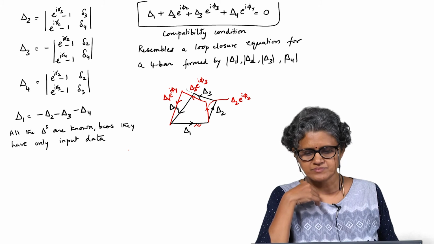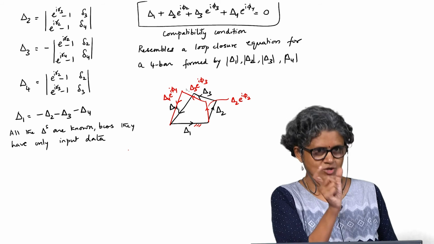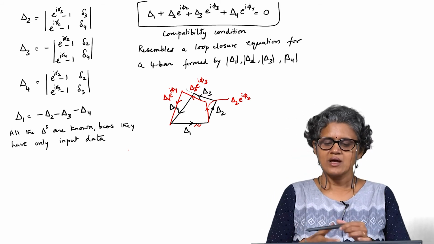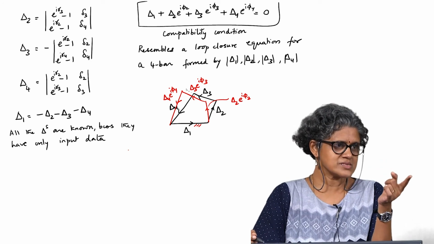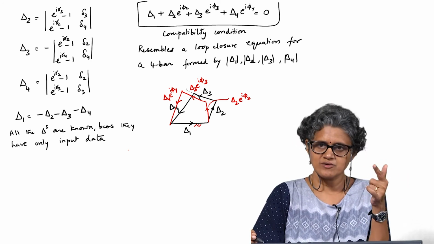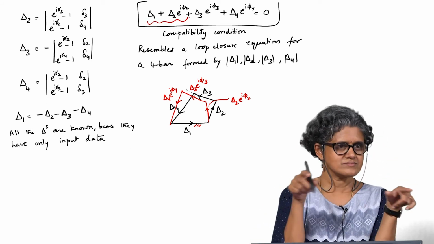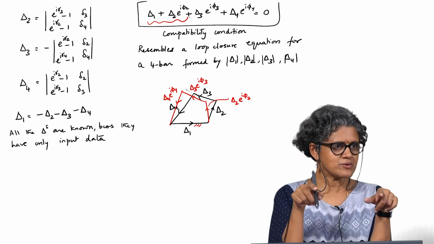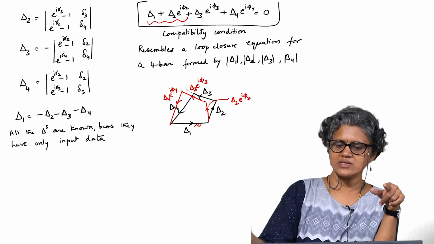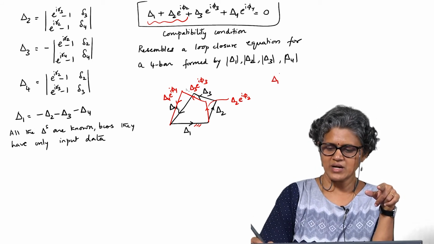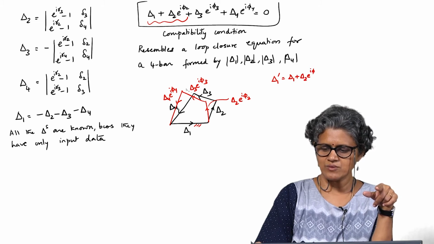You can also look at this as, because phi 2 is your input, your free choice, I can also use the same code that I wrote for my other one, the D1 plus D2 plus D3 for the fixed pivot, because this vector I can take and call repeatedly. I can check compatibility by doing that, because this then becomes a known quantity. So, I can look at this as delta 1 dash equal to delta 1 plus delta 2 e power i phi 2.